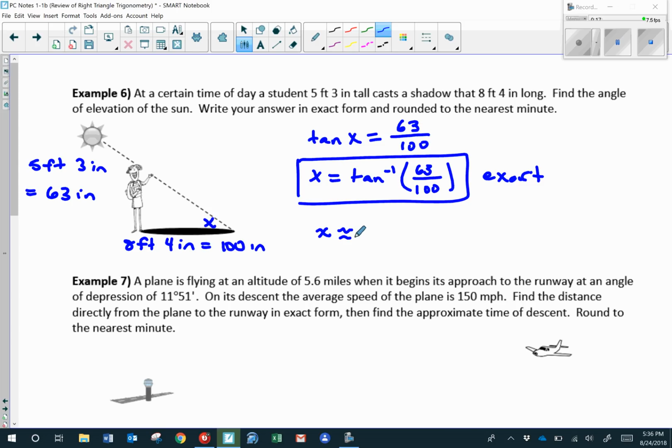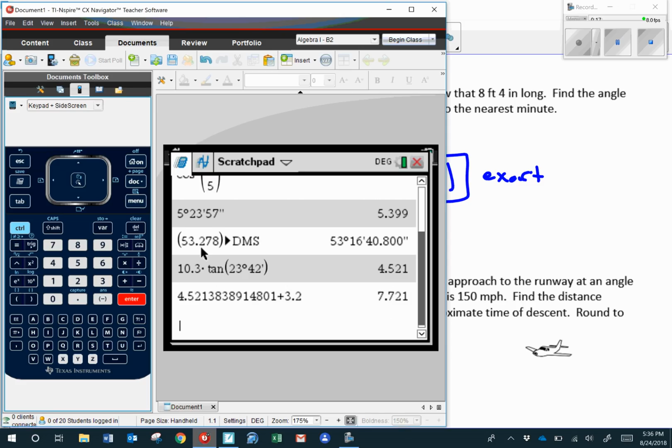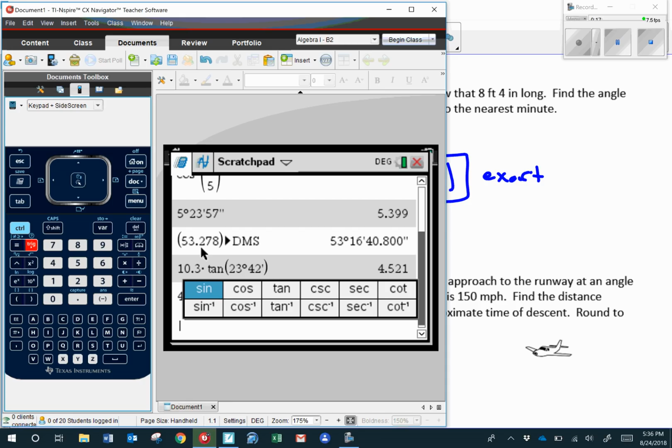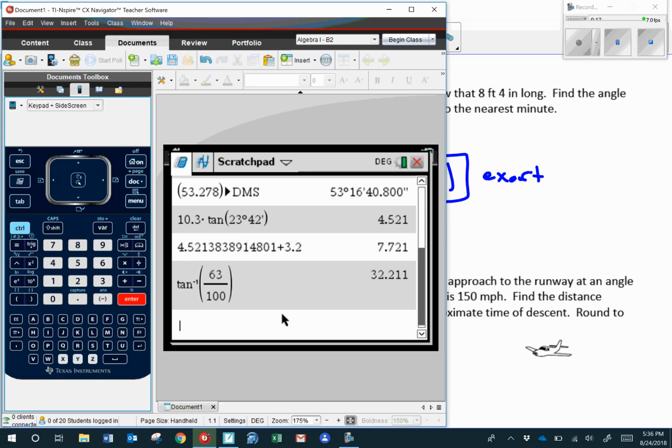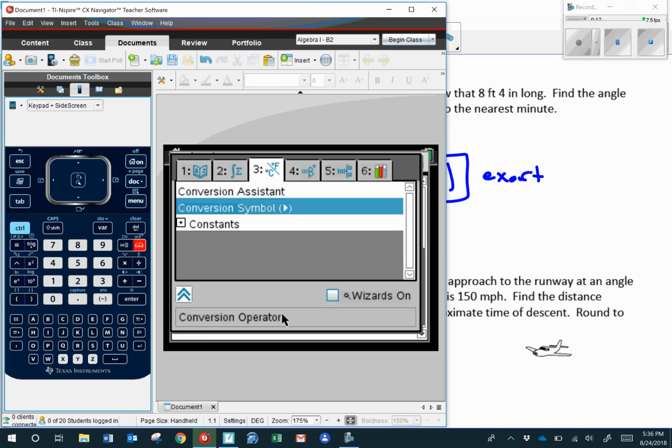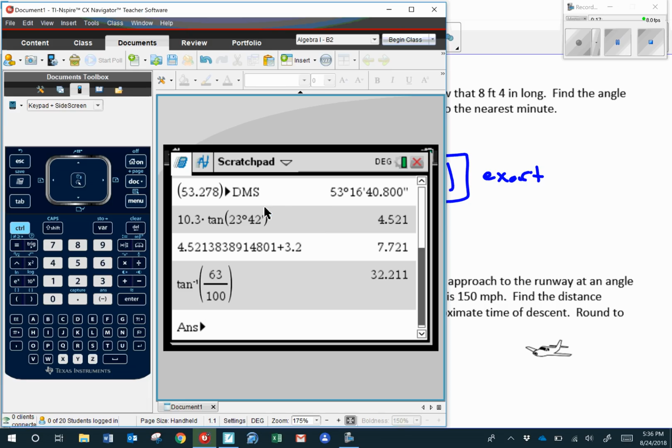This one we want to round to the nearest minute. So x is the inverse tangent of, what was it, 63 over 100. Press enter, and we're going to need to convert that to degrees, minutes, seconds. So use the little book, pull up the conversion symbol, and then type in the letters DMS.